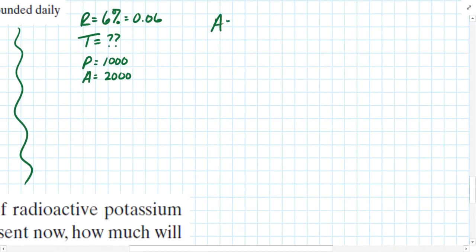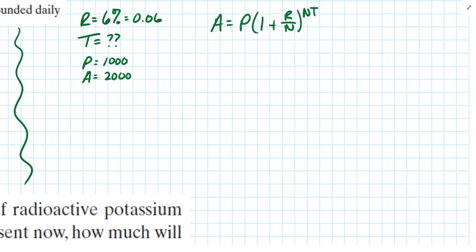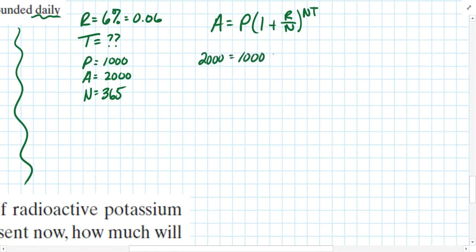Well, let's set it up. We'll again use the n value of 365, just like we had in the last example, because we'll compound our interest daily. So our ending amount, 2,000, is equal to 1,000 times 1 plus 0.06 divided by 365 raised to the power of 365 times t.